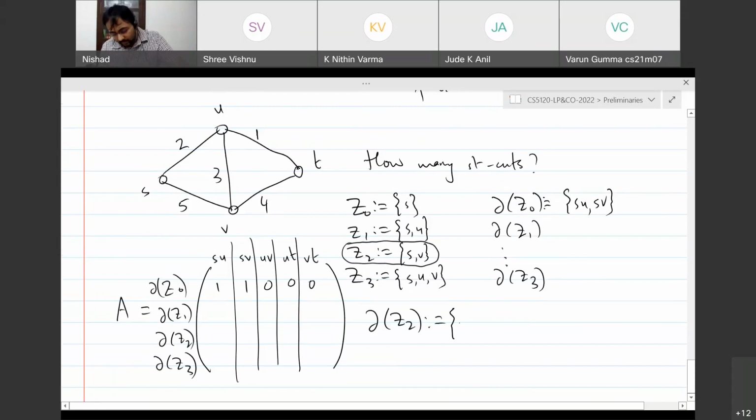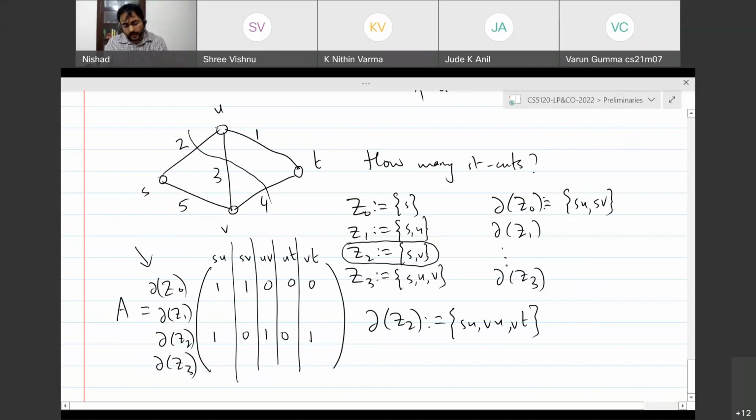So we have SU, we have VU, and we have VT, right? These are the three edges that are crossing this line I've drawn. Right? And so that's going to be a 1 here, a 1 here, and a 1 here, and the 0 in the other two places. Right? So that way you can fill out this matrix.